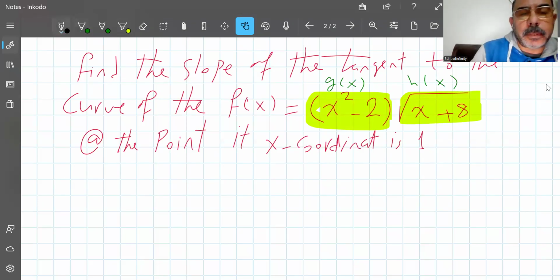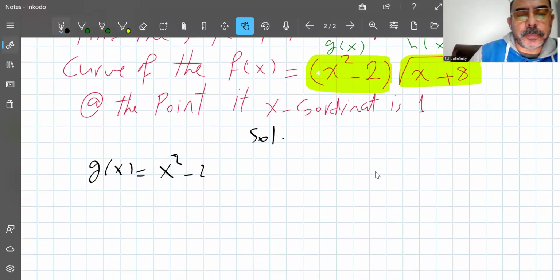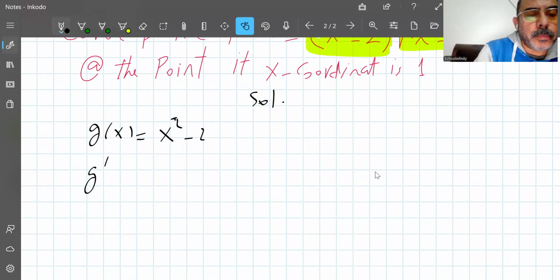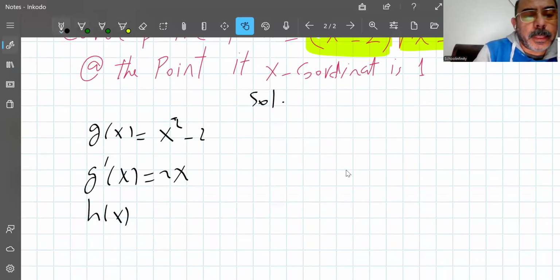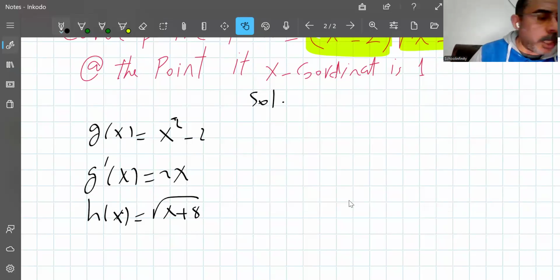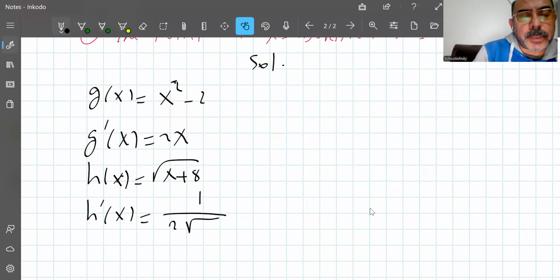By following the previous process, the first step, write g, which is x squared minus 2, and then g prime, which is 2x, and then h of x, which is the square root of x plus 8, then h prime, which is 1 over 2 square root of x plus 8.